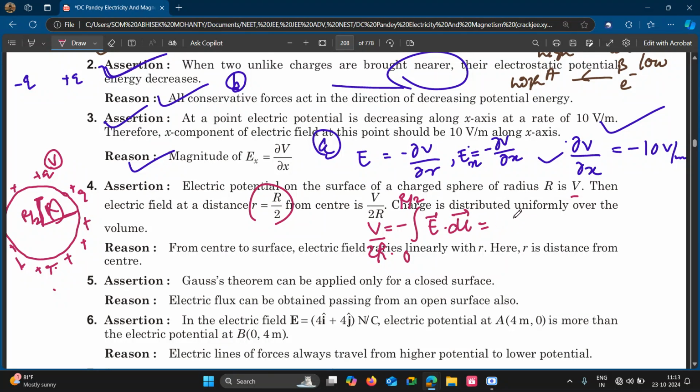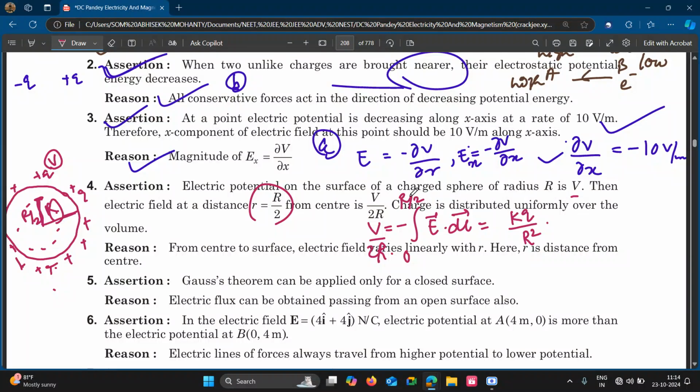So E is how much? KQ, where Q is rho dV, by r square. Otherwise we can just take KQ by R square, the electric field of the whole surface, into dl. dl is the contour we have taken, that is 2 pi r. dl is, suppose dl sin theta, and dl cos theta is 0.